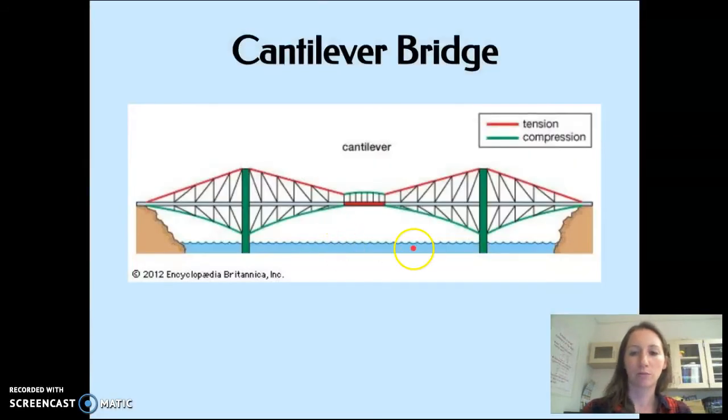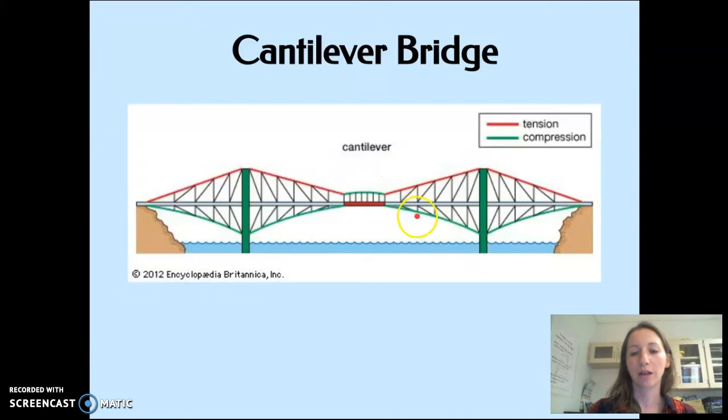All right, so here's a good diagram of a cantilever bridge. And you can see it's a lot like the other truss that we saw, but it works a little differently because you have tension on the top beams. They're under tension because if there's a load on the bridge, it's pressing down, which is going to be pulling them and creating tension.